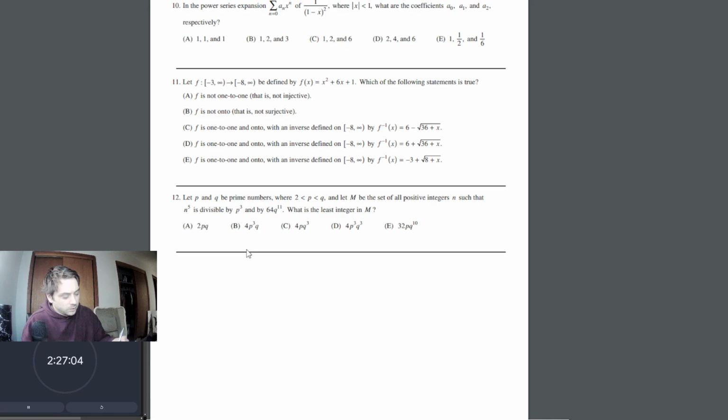Fifth divided by P4. What is the least integer?